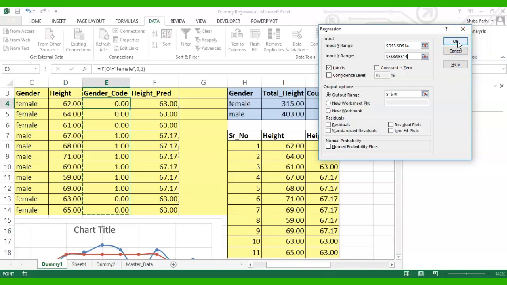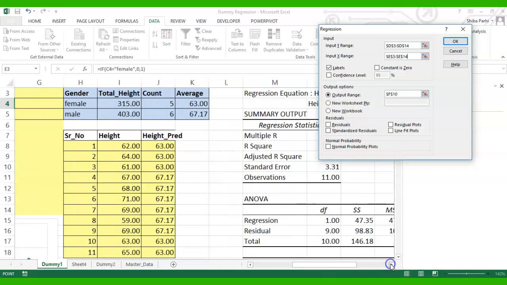So you'll get the output in that column. Once you get the output, let me put OK somewhere here.